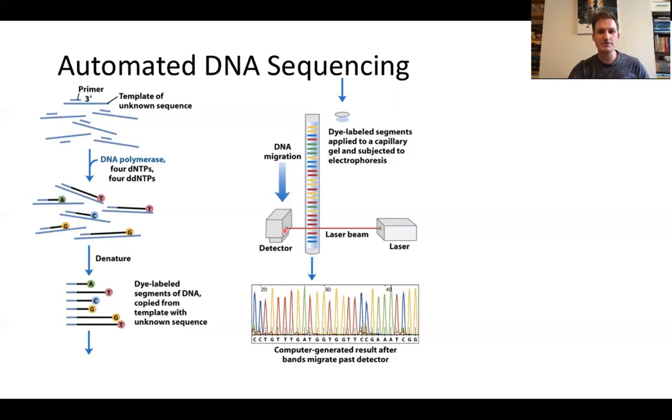A laser is passed through that, and it can recognize the color of the band passing past. So, for example, here, based on the color, we can infer the sequence. So blue is C, yellow is G, and so on and so forth.